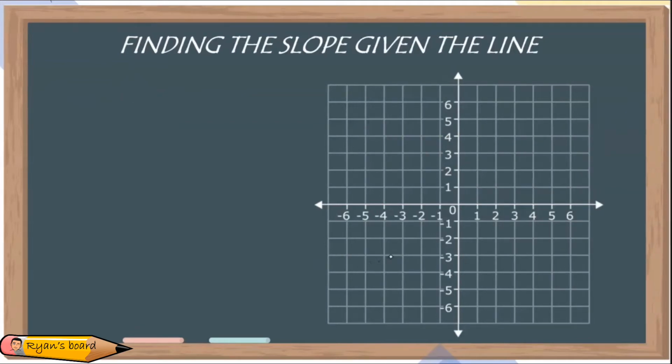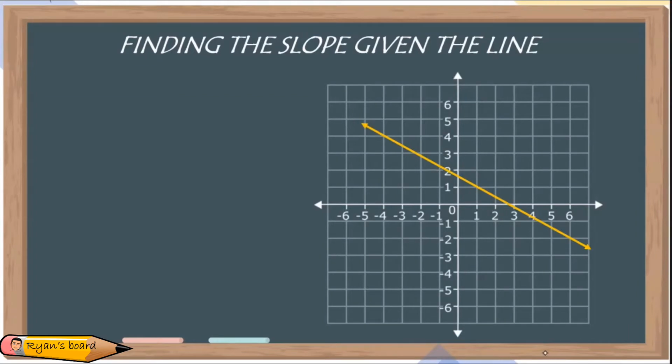Let's say we have this line. Kung mapapansin mo, parang negative ito, ano? Kasi from the left side pababa ng right side, that is negative. So again, we use the formula m, or slope, is equal to rise over run. Okay?